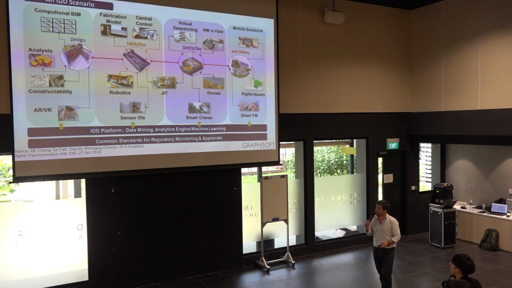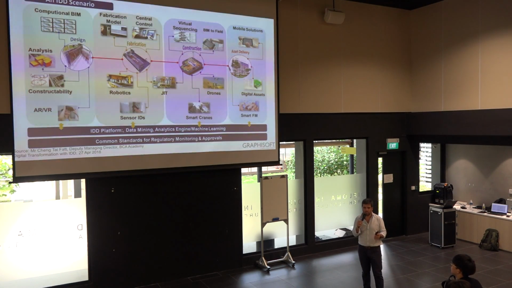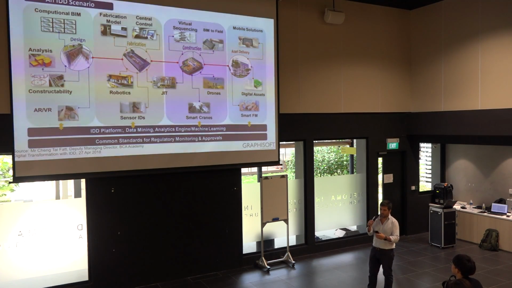So stuff like this. This is to give you an idea how focused the government is on digitalization and getting all this information to be integrated and brought out from the beginning of a project all the way through the building life cycle.